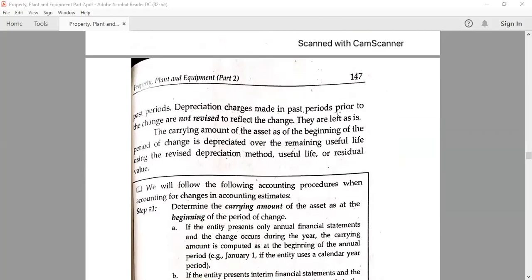So since prospective, no change to be made from the past periods. Instead, we simply get the carrying amount, and based on the carrying amount, we incorporate the change of the remaining life or useful life, or the revised residual or scrap or salvage value.